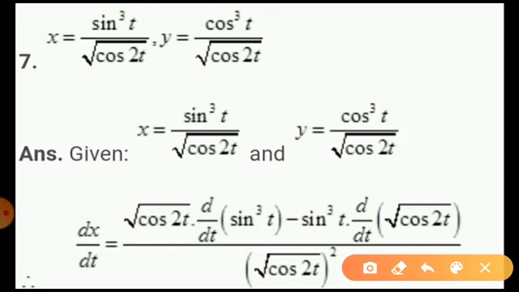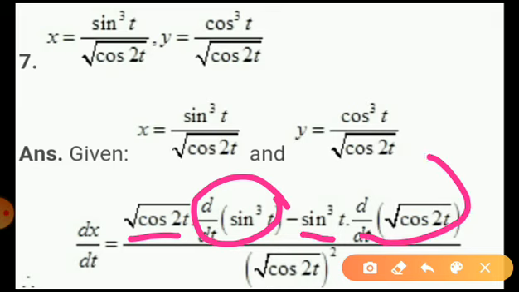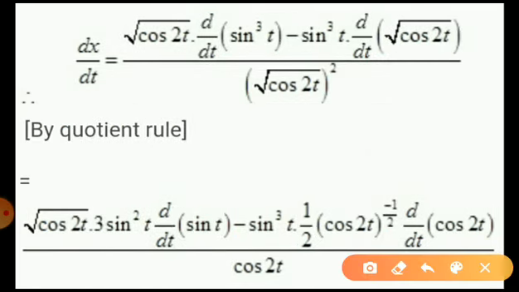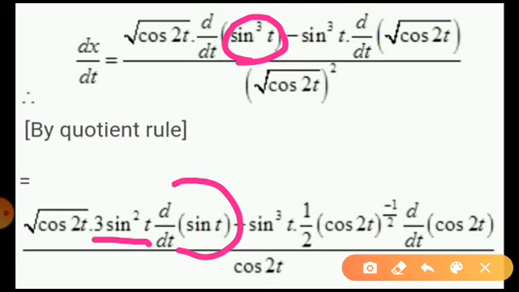Is that clear? So after simplifying, derivative of sine cube t is what? It is of x raised to n form. So derivative will be 3 sine square t, again d by dt of sine t.